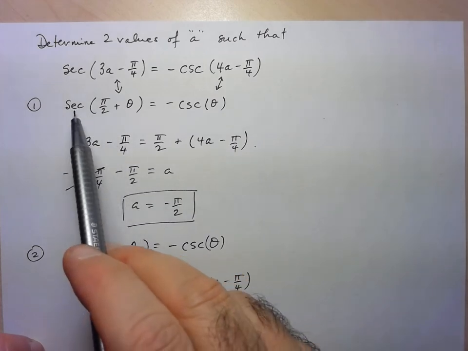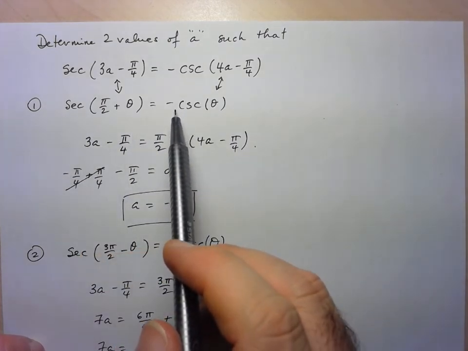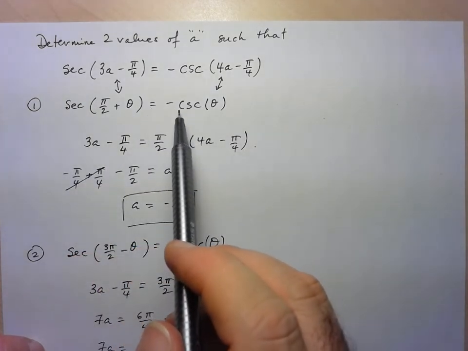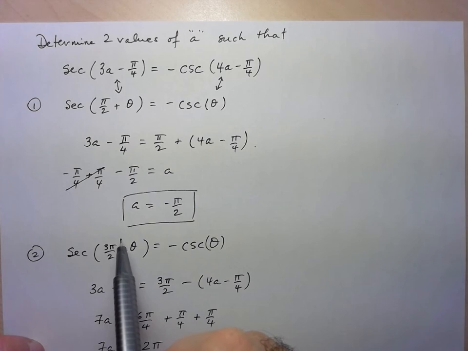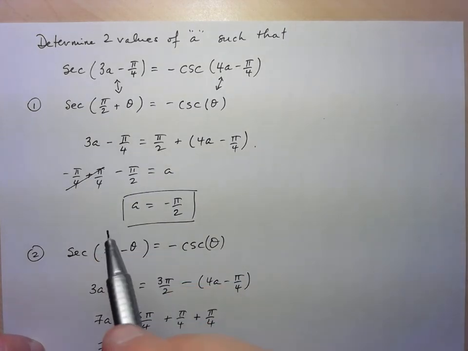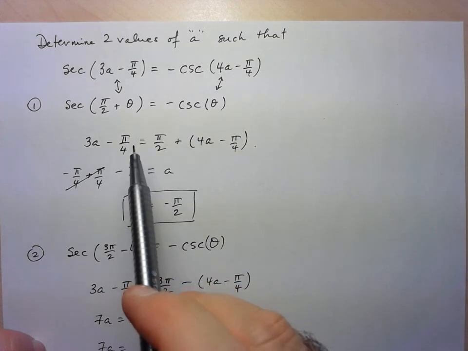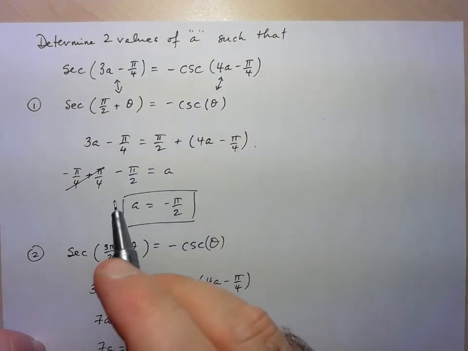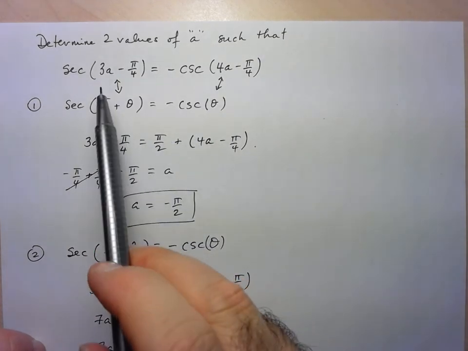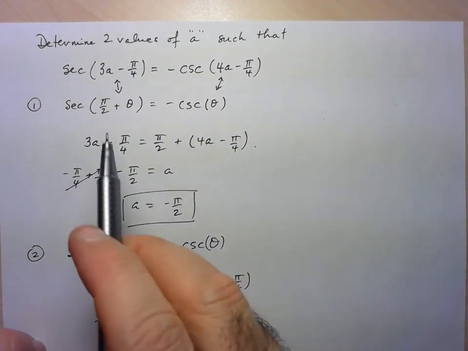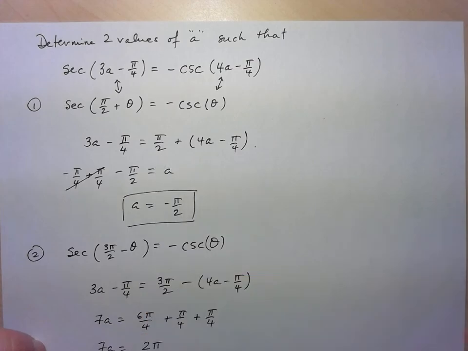So secant is equal to negative cosecant at the exact same angles where cosine is equal to the negative of sine. So that's why I use these two identities, and that allows me to find two answers to this equation. Now you might want to think about how you might find a third or fourth or fifth answer to this equation, because I suspect that there's probably infinitely many solutions given that these are periodic functions. Okay, that's it for this one.